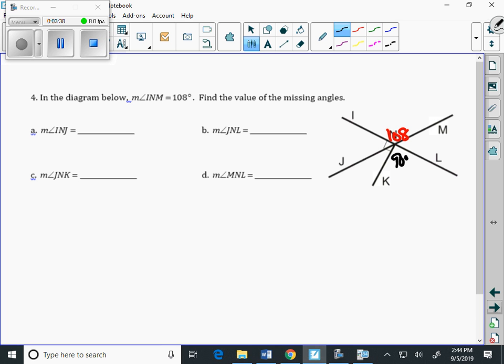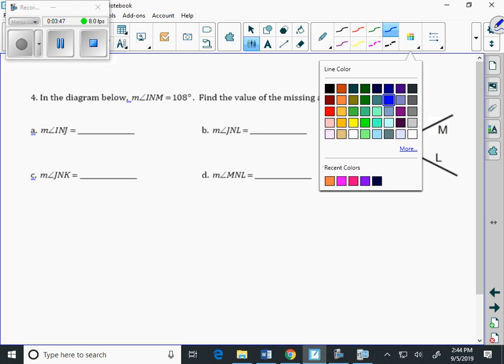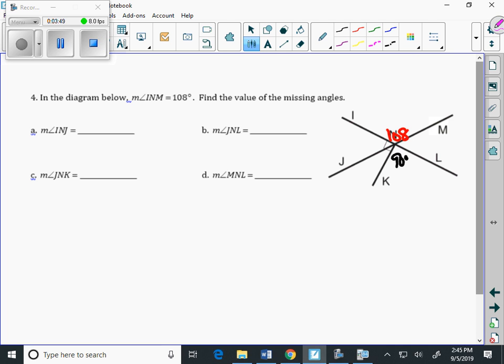And actually, letter D is where I'm going to start, because as we take a look at this here, if we take these two angles, they're linear pairs. INM and LNM, they're linear pairs. They combine to be 180 degrees.